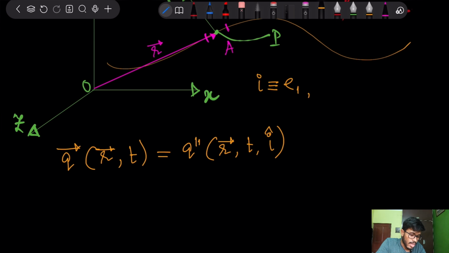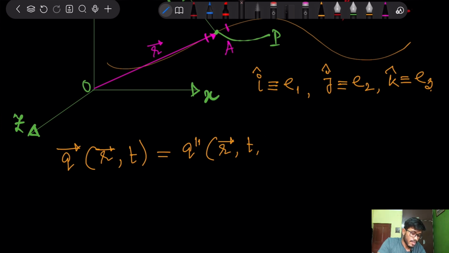J cap is equivalent to writing e2, and k cap is equivalent to writing e3. These are the unit vectors. These are just the notations, and to write this as vectors, let me write hat.